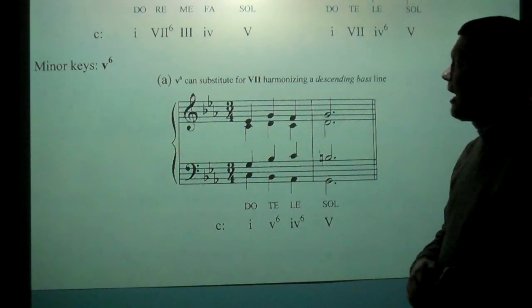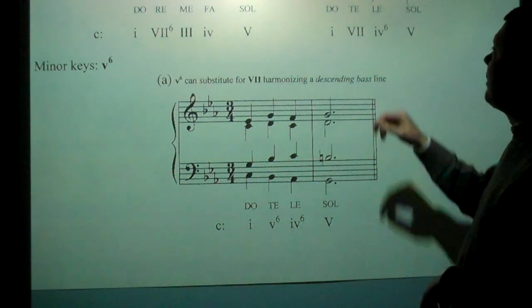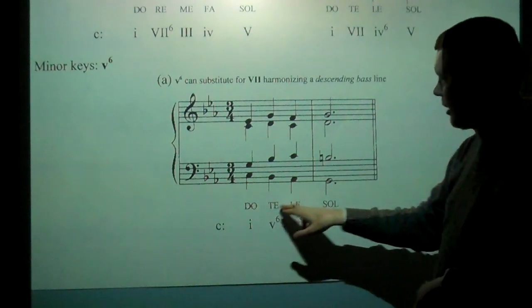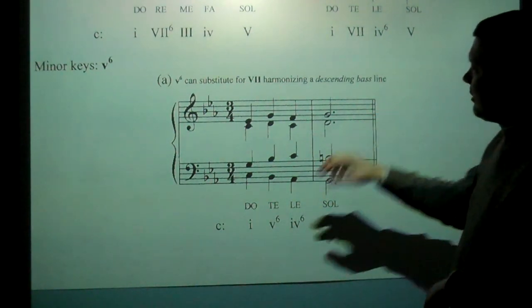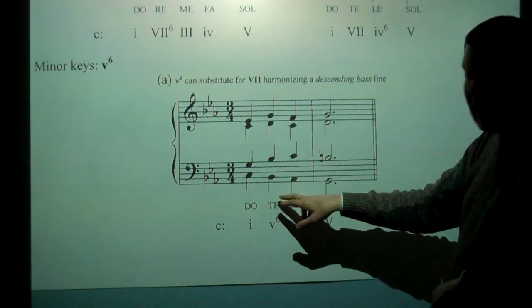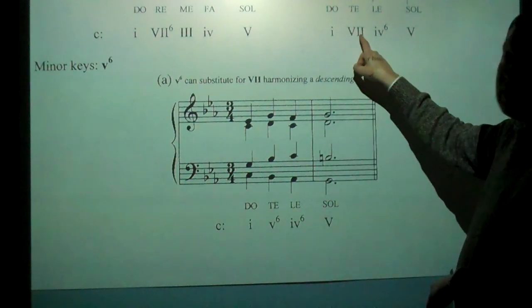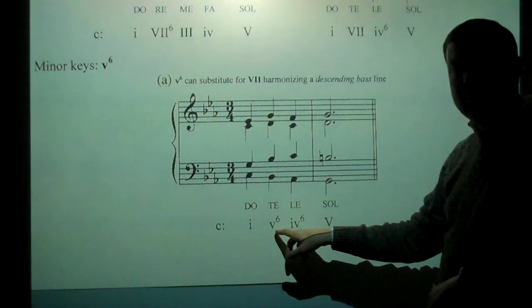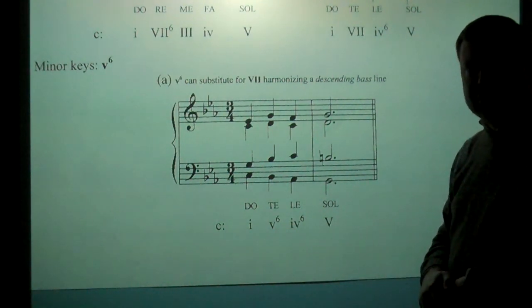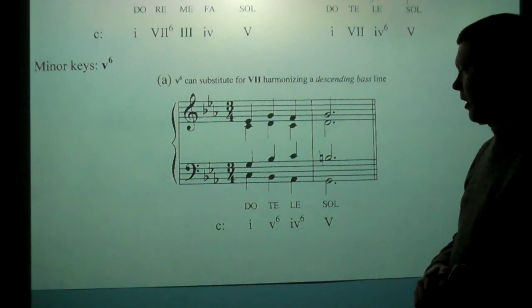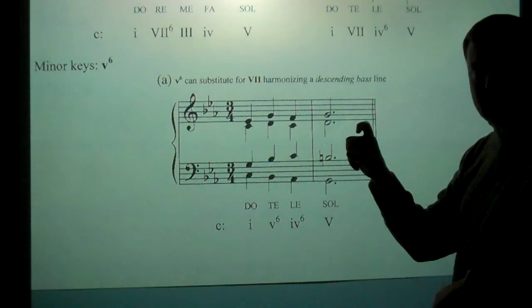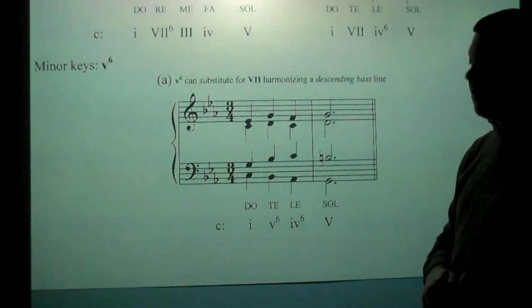In fact, whenever you have a descending bass line, do, te, le, sol, for the chord that's built on te in the bass, you can either use capital 7 in root position or the minor 5 chord in first inversion. A minor 5 chord in first inversion will have te in the bass, the lowest sounding voice.